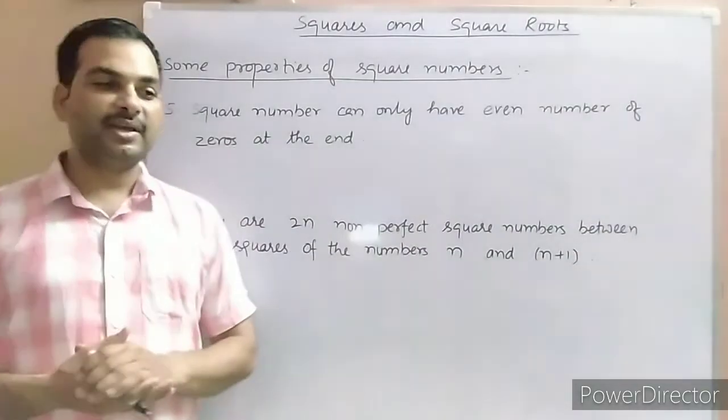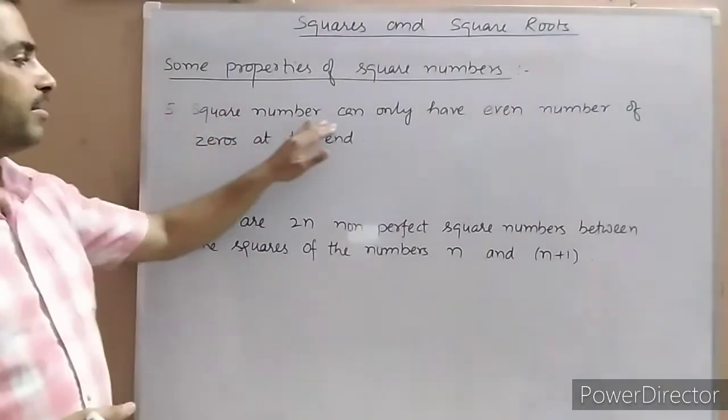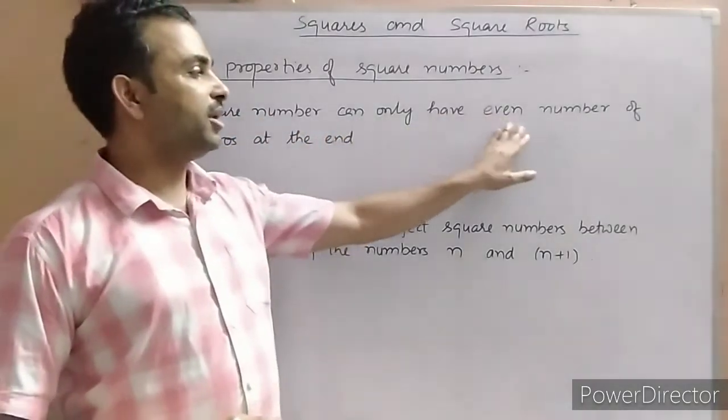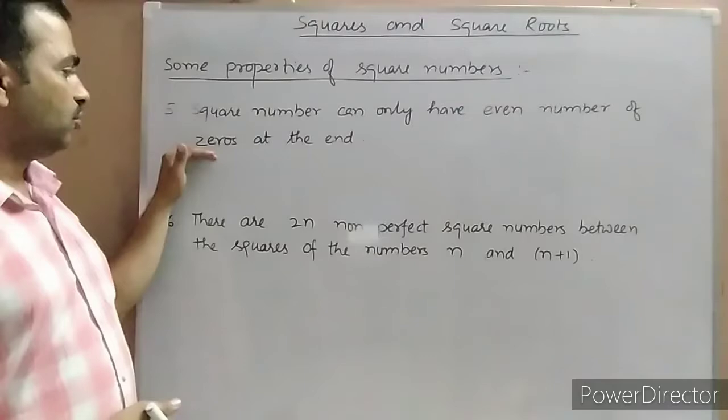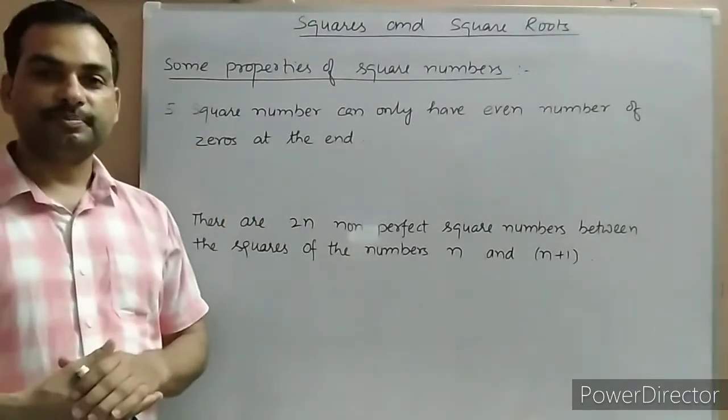Now the fifth property is a square number can only have an even number of zeros at the end.